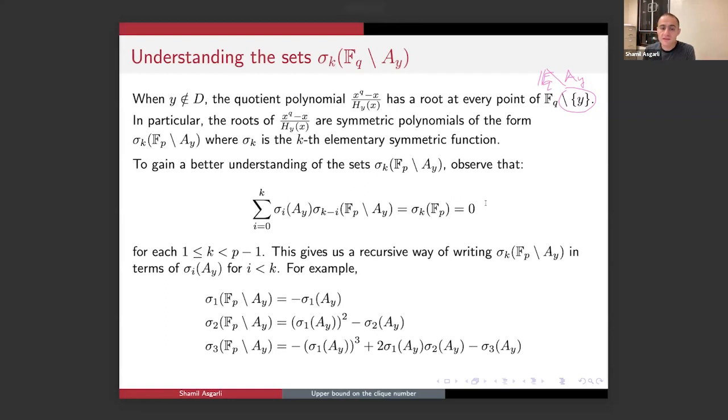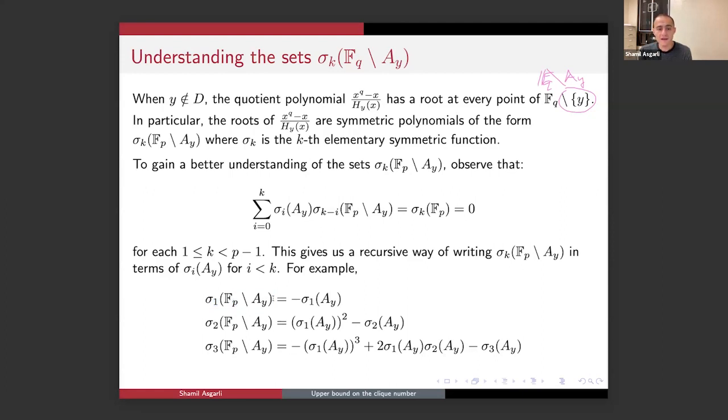But this equation that I just wrote down actually gives a recursive way of expressing sigma k of Fp minus ay in terms of sigma i of ay for i less than k. Why is that? Well, because you start running this formula, start with k equals to 1. If you start with k equals to 1, then you get basically the formula for sigma 1.